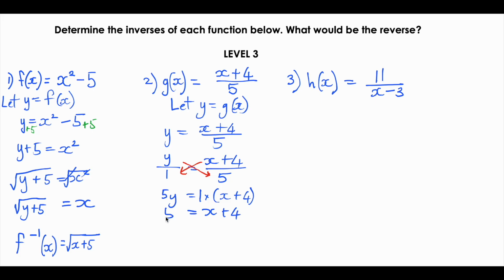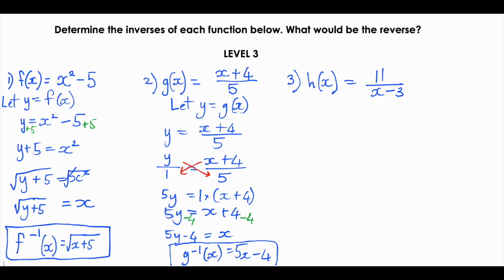So 5y is here. Now we need to get the x by itself. How do we get the x by itself now? We subtract 4 from both sides, which would leave us with 5y minus 4 is equal to x. So then we can interchange this again and say g inverse x is equal to 5x minus 4.